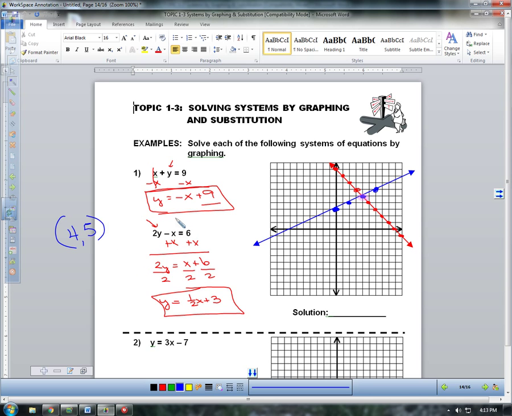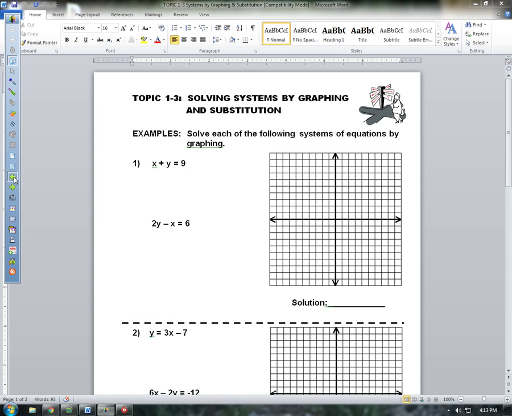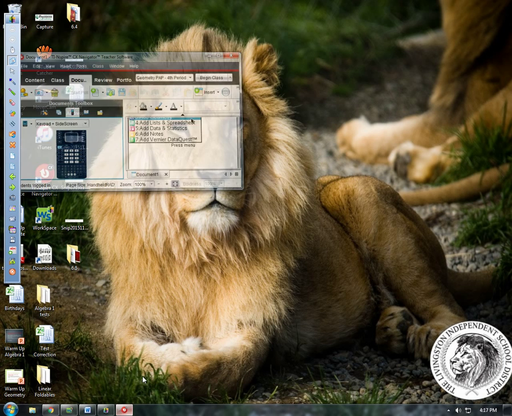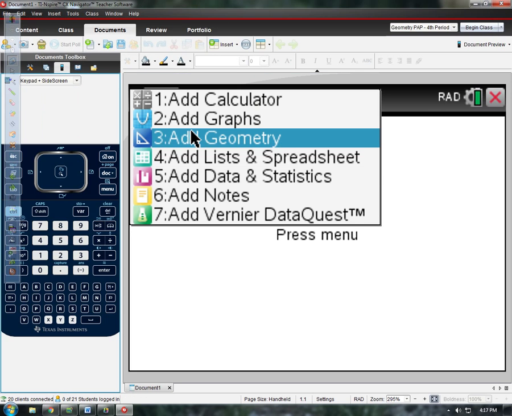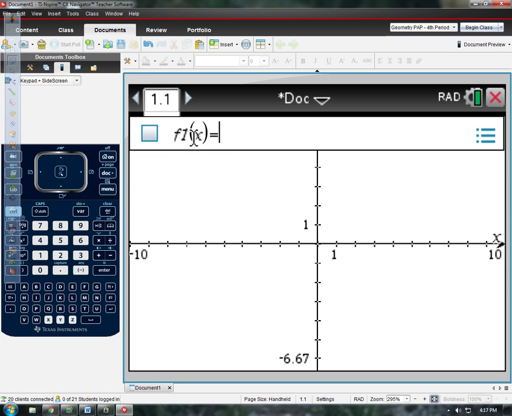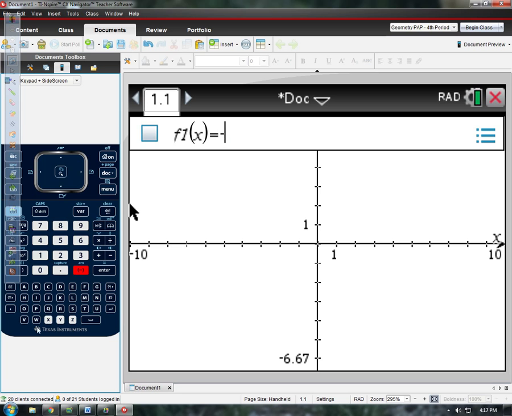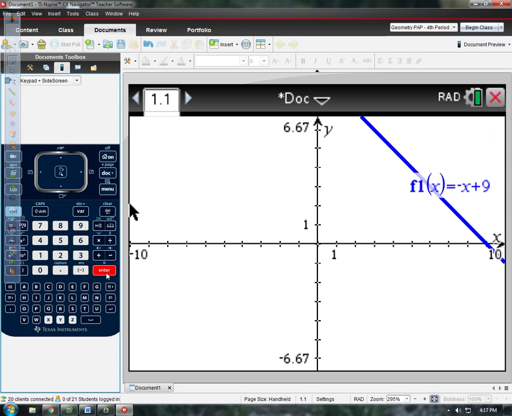Now, if I'm going to type this into my calculator, I'm going to drag this over here so I can see what I'm doing. We're going to grab our calculator, start a new document, get it all ready to go, and then we're going to add a graph. Okay? First equation was negative x plus 9. Okay, there's that one.